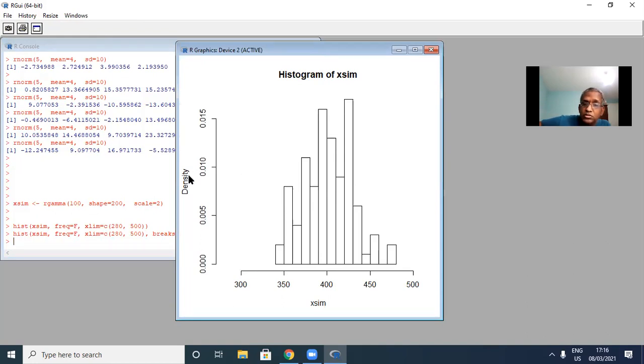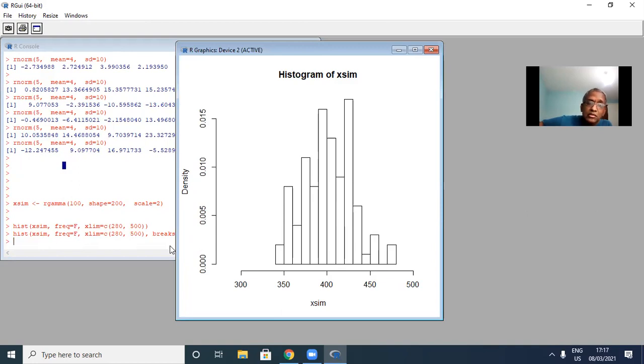F means false, Marius. F for false. That means the y-axis is plotted in the density scale. Not if you put true, T for true, F for false. If you say true, then the y-axis will be in the frequency scale, and you don't want that, because we are going to compare the density, the histogram, with the density of certain distributions in a minute.